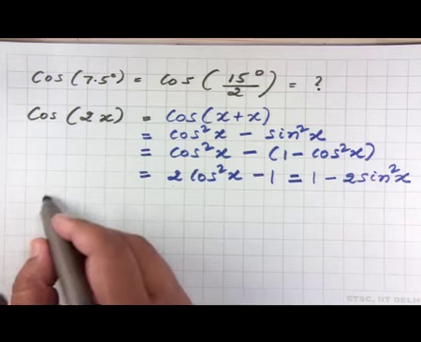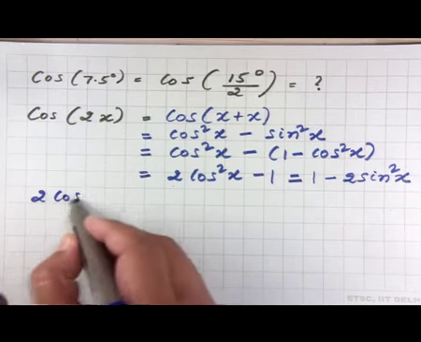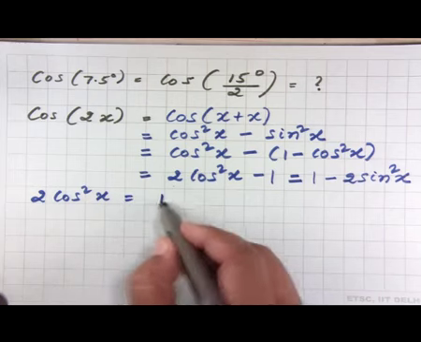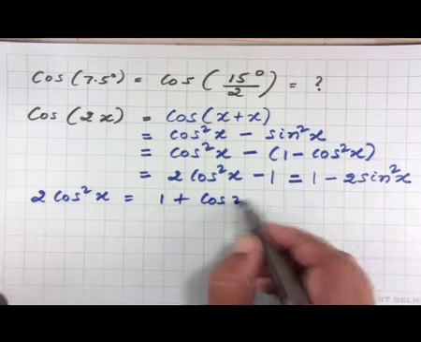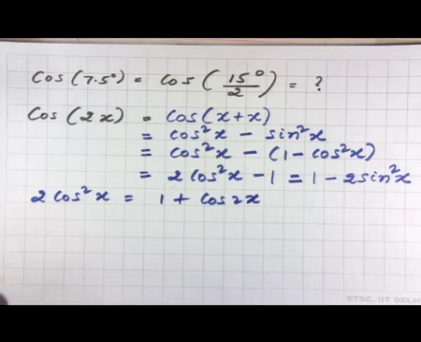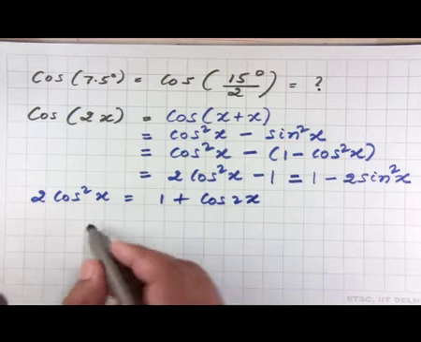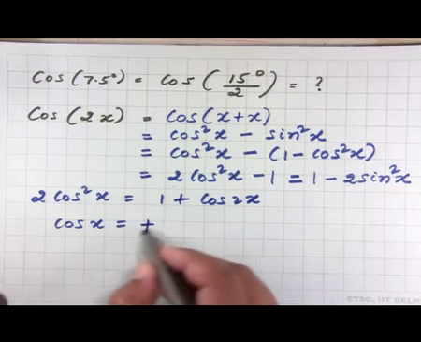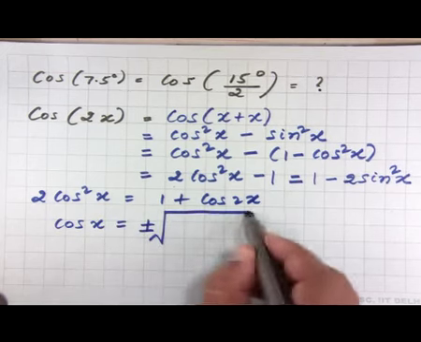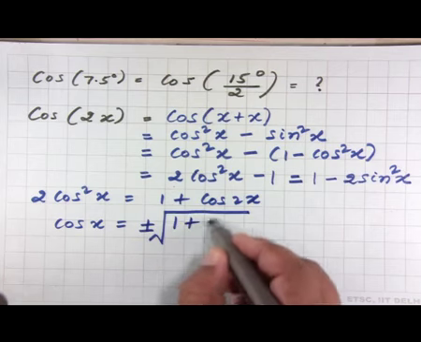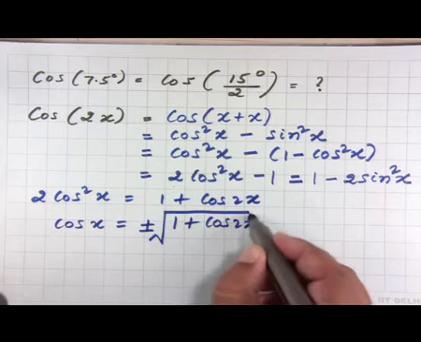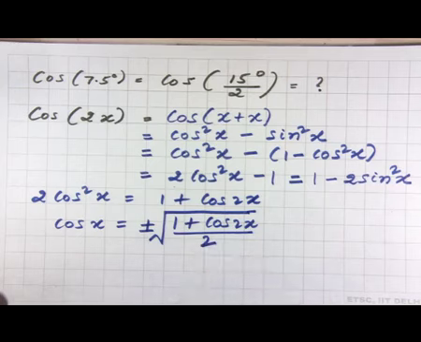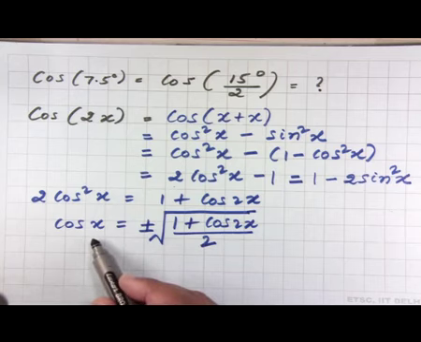So, we can write 2 cos square x is equal to 1 plus cos 2x, and therefore, cos x is equal to the square root of that quantity; the ambiguity about plus and minus will depend on the value of x.